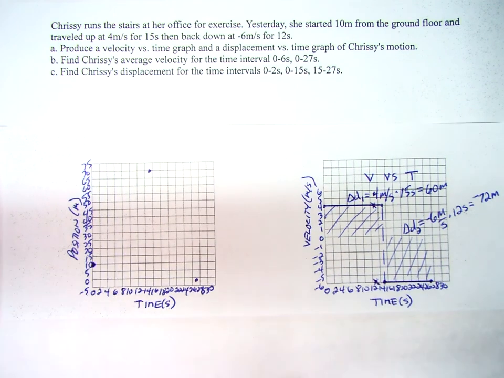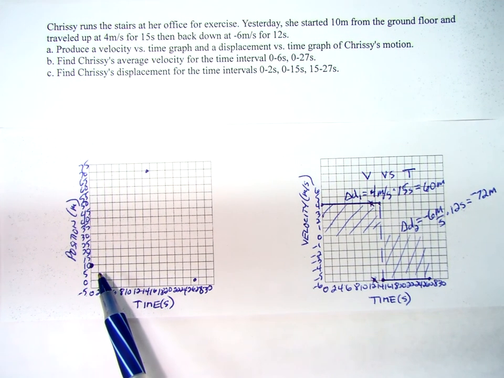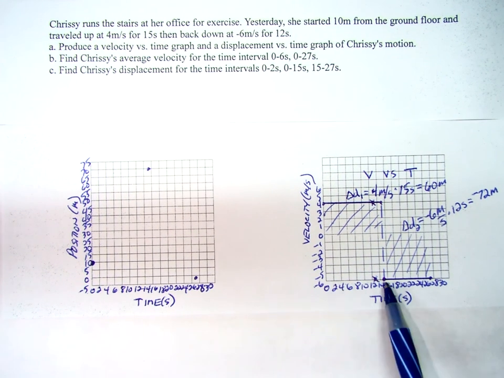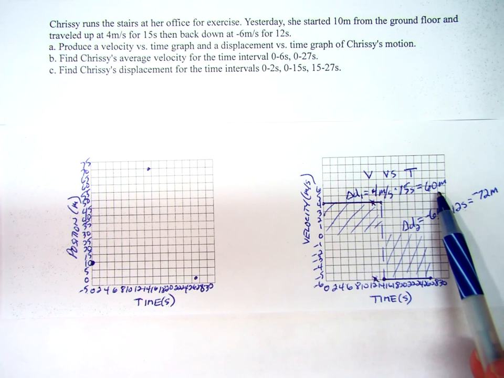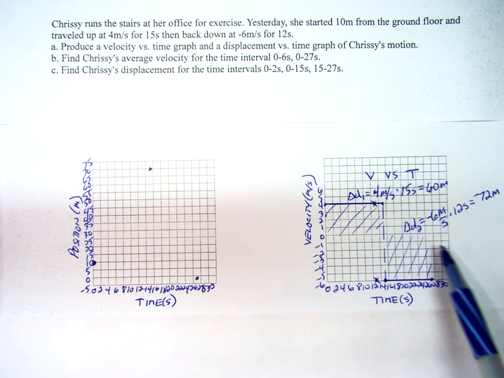So she starts at 10, which is given by the problem, and then after 15 seconds, she travels 60 meters, so 10 plus 60 is 70. And then for the last 12 seconds, she travels in the negative direction, 72 meters.